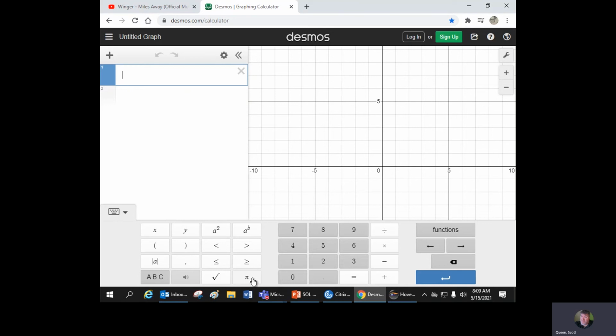For some reason, there's some problems that they felt the need to say use 3.14. And then you'll have those problems where it says leave it in terms of pi, meaning that you don't actually calculate pi. You just make sure you add it when you're done calculating. Like your answer will be 5 pi, and you can see that in your answer choices. And then, of course, we got all our regular number buttons with functions and equal signs.